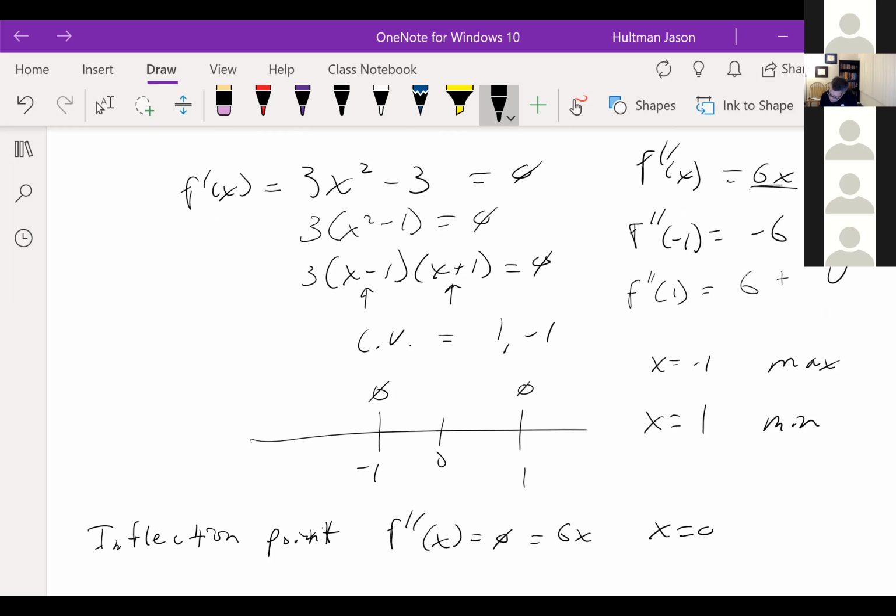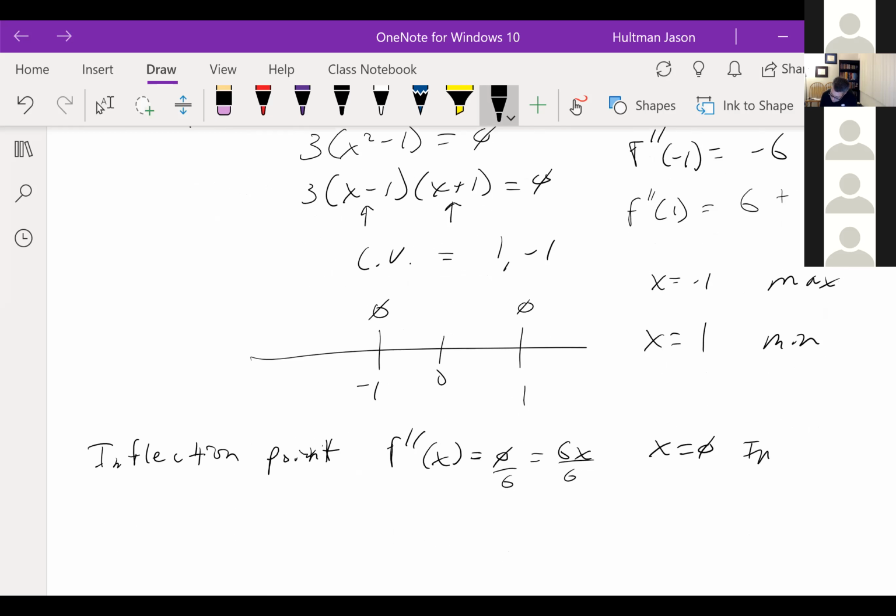So at x equals 0, I get an inflection point. Because if I solve this for x, f double prime of x equals 6x, and I'm going to set that equal to 0. That's going to give me my inflection point. This is where the concavity changes from concave down to concave up. Okay, so from concave down to concave up, it's going to change.